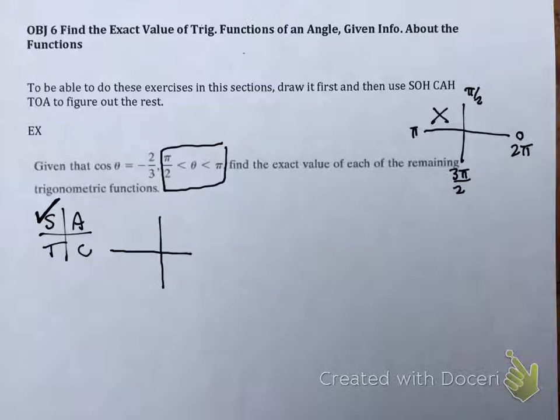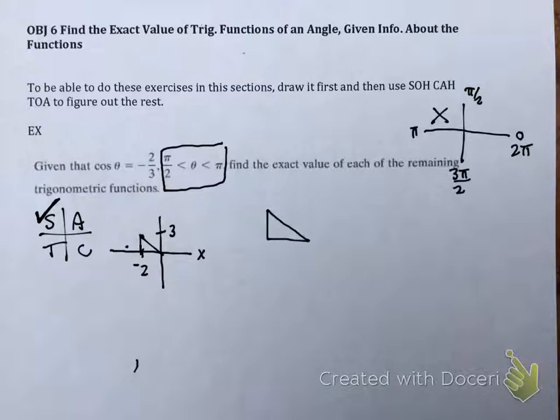So remember, I told you that the base of the triangle is on the x-axis, and I have negative 2 over 3. So here's 3, and here is negative 2. Let's put it there. And here's my point. So there's my triangle.